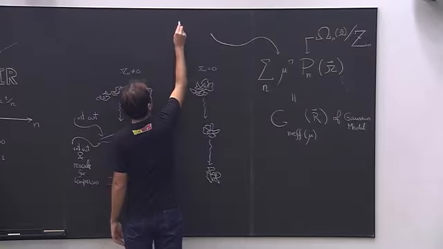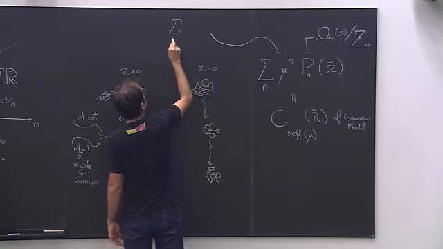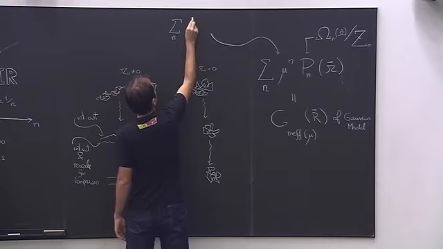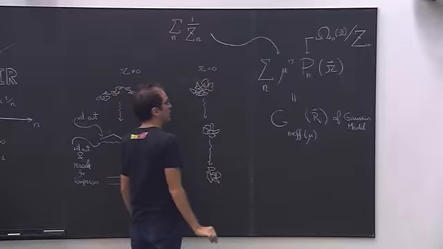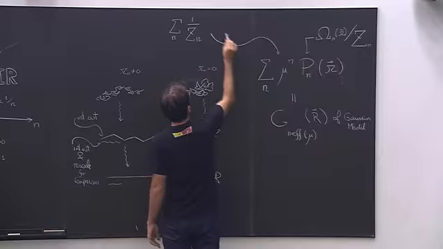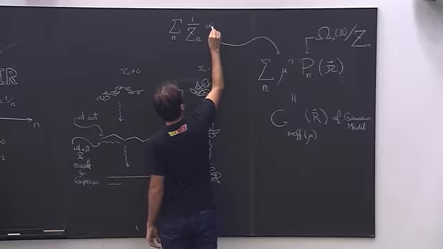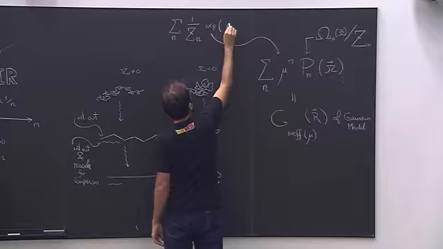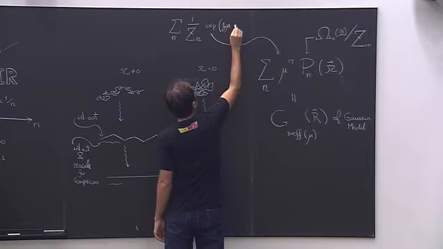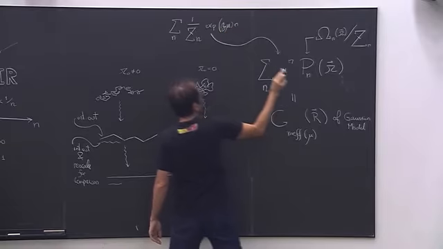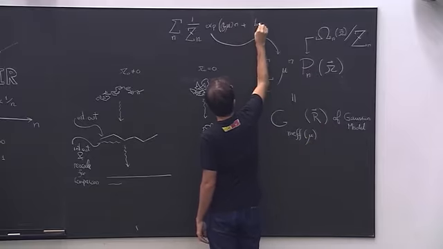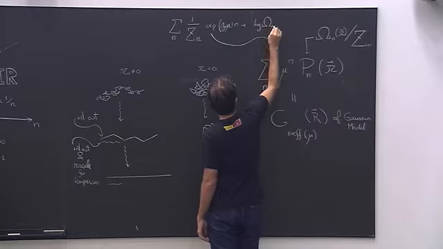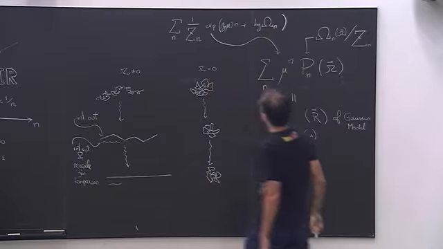It is just a summation over n, 1 over how many configurations there are with length n, and then something like exponential of log mu times n, that I'm just writing as mu to the n in this exponential way, plus log of how many ways there are of connecting 0 and R.